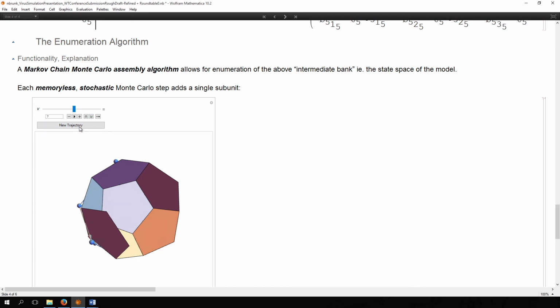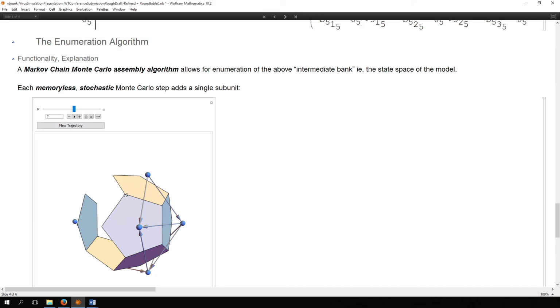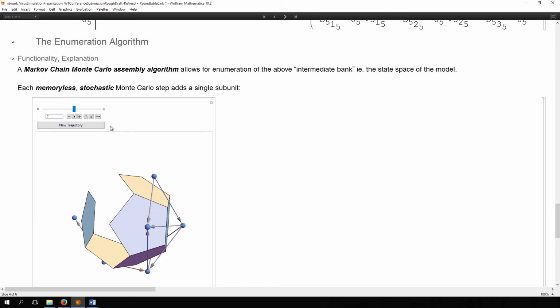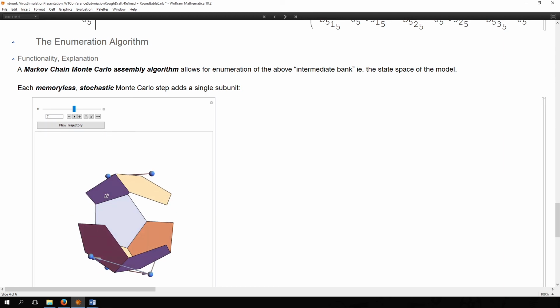And if we freeze it at any one size, you can say, size 5 here. Essentially what the algorithm will do is you say new intermediate, you have the first one, you put it in an intermediate bank, which is what you're going to construct the model state space from, and then you generate a new intermediate, compare it using IsomorphicGraphQ, a query on whether or not the new intermediate is isomorphic to any of the ones in the bank sequentially.